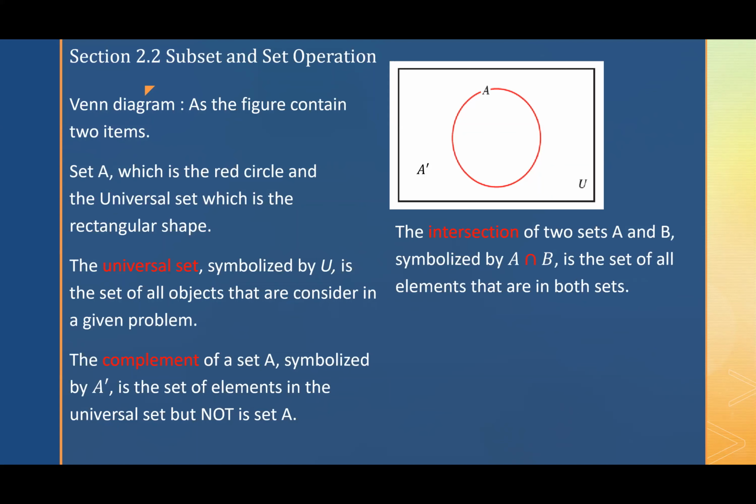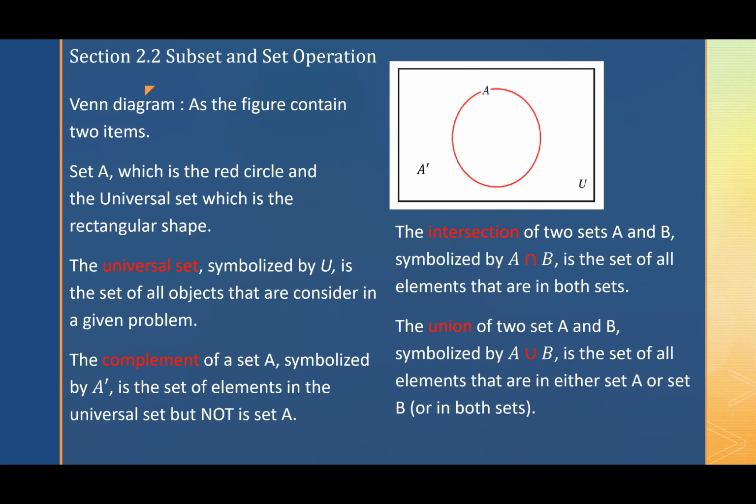And the last thing we have is the union. The word that goes with the union is "or", which means what is in A, or in B, or in both. I tell my students that if they ask you for A union B, you combine them together, you unite them together.